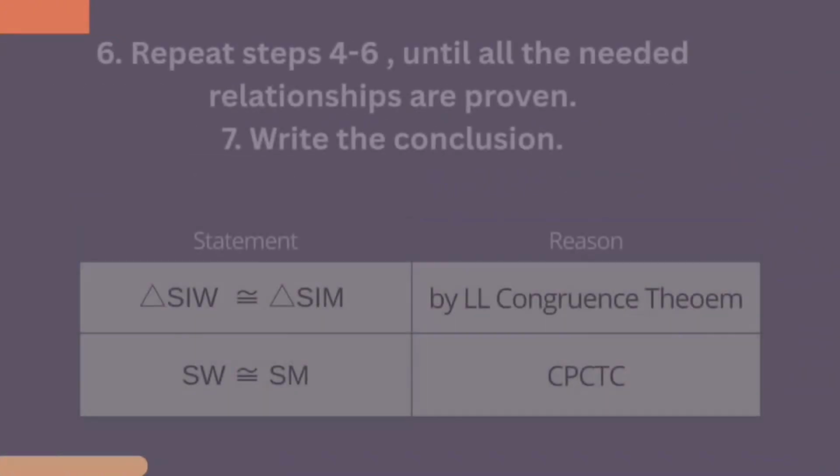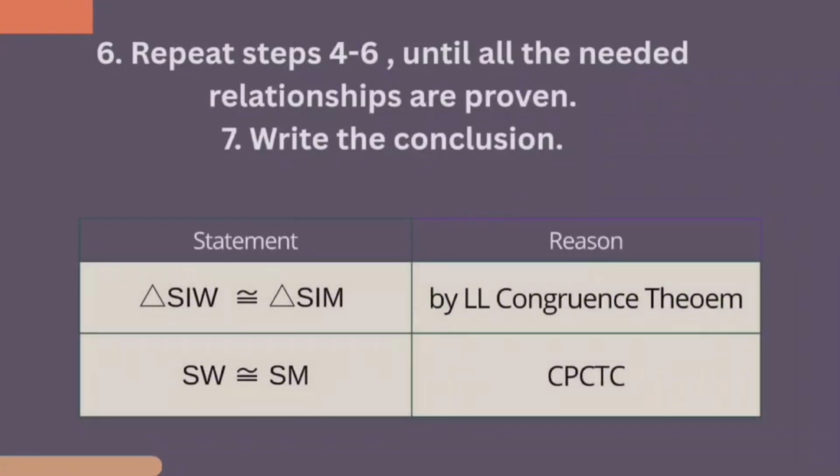We continue this process, repeating steps 4 through 6 until we have logically shown that all the necessary corresponding parts satisfy the conditions of the chosen congruence postulate or theorem. Each statement in the left column must be supported by a valid reason in the right column.